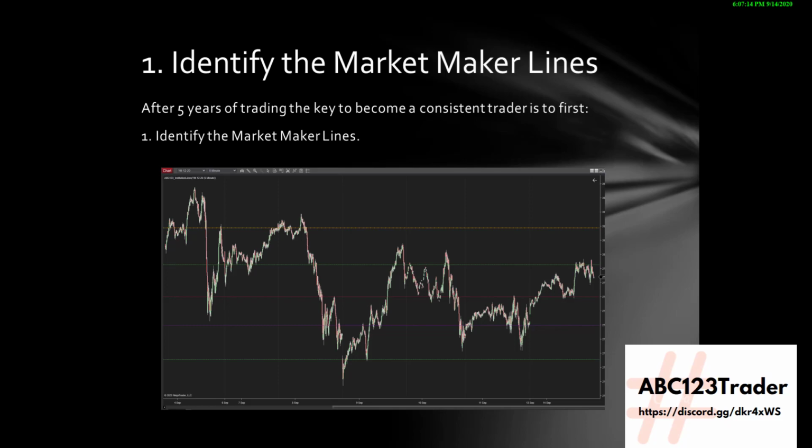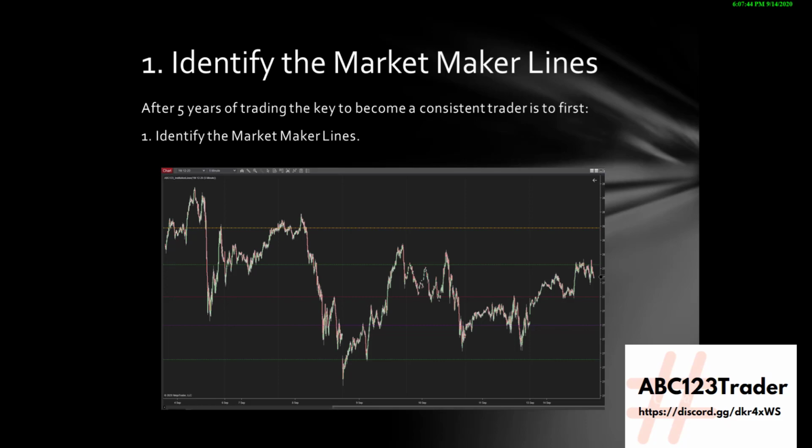The market maker lines are support and resistance lines that I strongly believe, if you identify them, you will know where the market makers want to go. It's kind of like their targets.